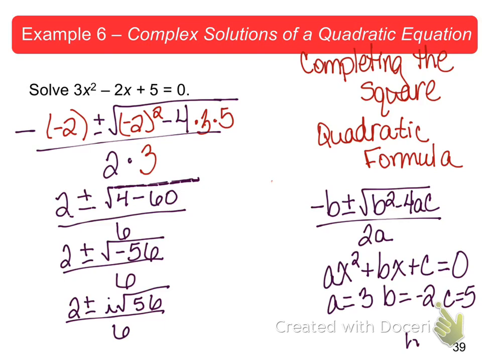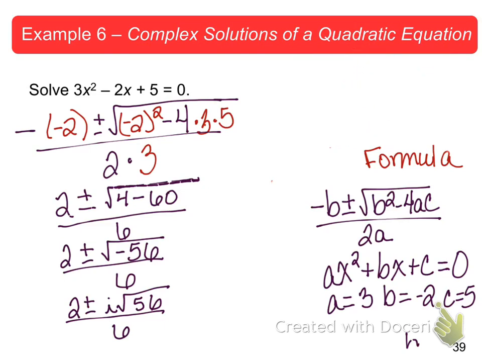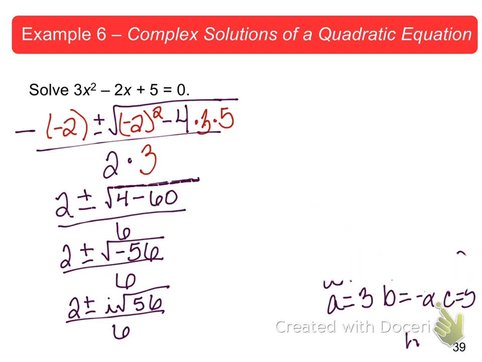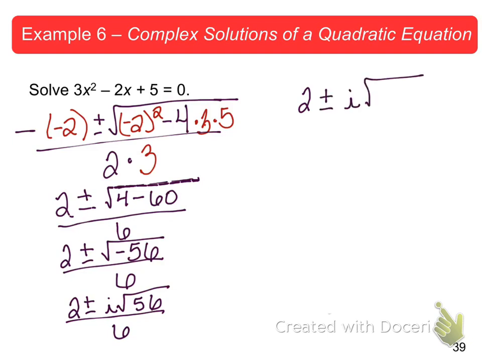What I want to do when I look at that 56 is find a perfect square in that 56. So I'm going to have 2 plus or minus i times the square root of 4 times 14. The reason I picked 4 times 14 is because 4 is perfect.